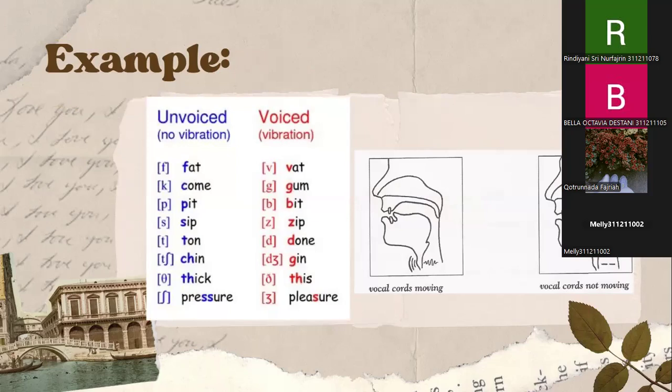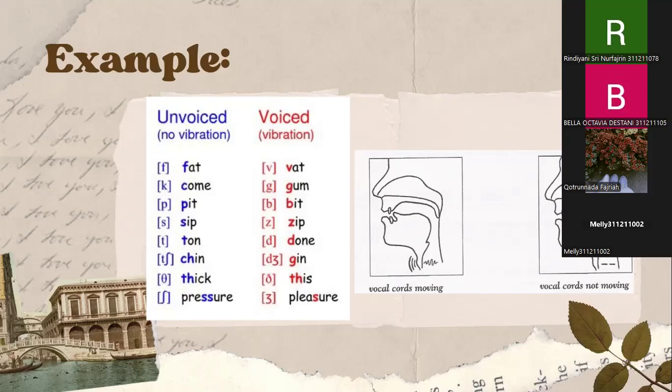Conversely, when the vocal cords remain still, the consonant is voiceless, such as the p in pets or the k in cow. This seemingly simple difference has profound effects on the way words sound and can even distinguish meanings between words, as seen in pairs like sin and din. The concept of voicing extends beyond individual sounds, influencing the pronunciation of words and even affecting language patterns.